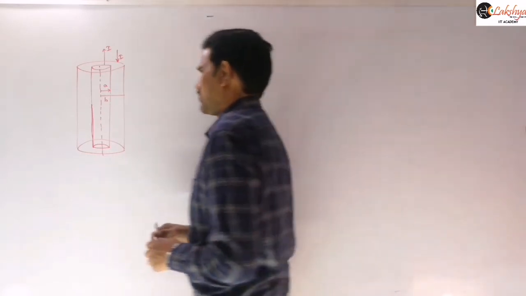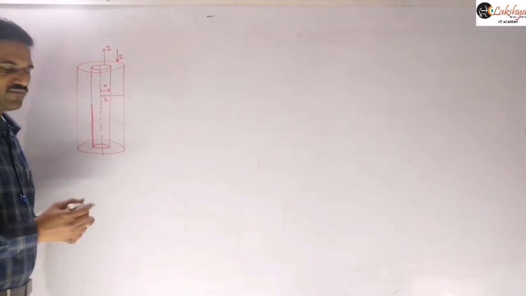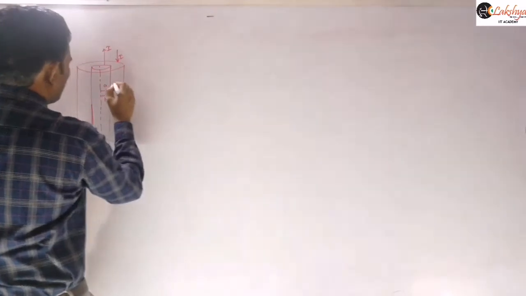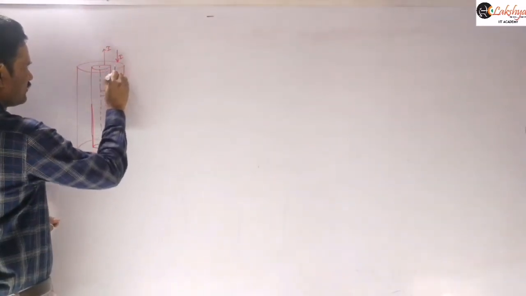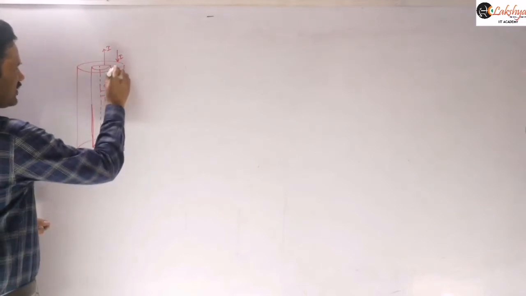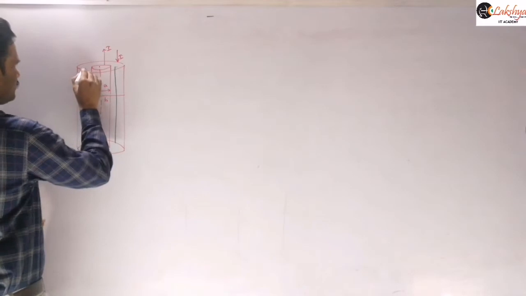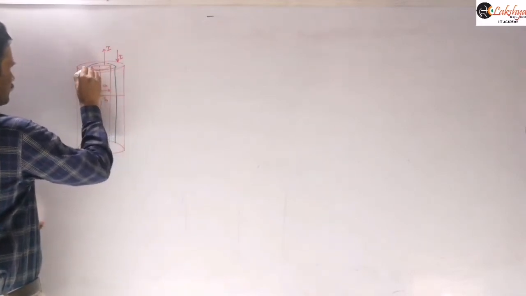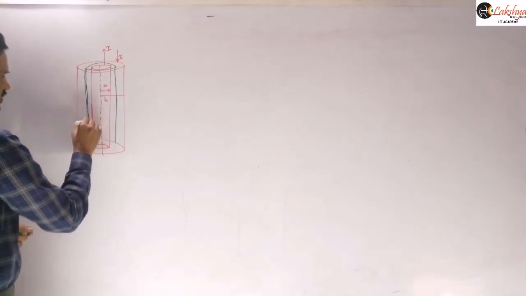To find this energy we need to use the magnetic energy formula, and for that we need to consider a cylindrical element here. First I am doing this energy calculation.